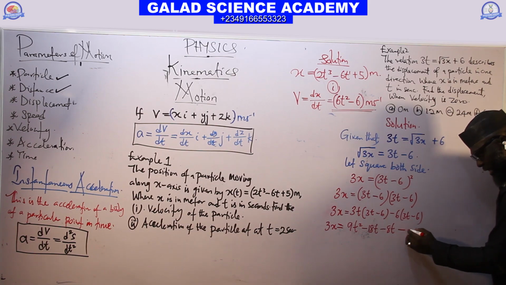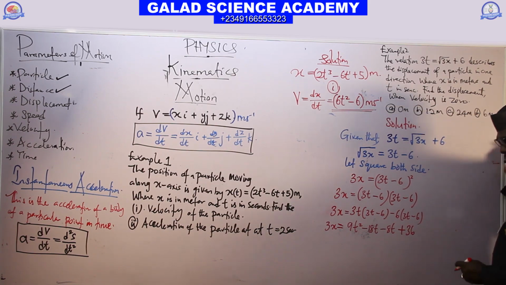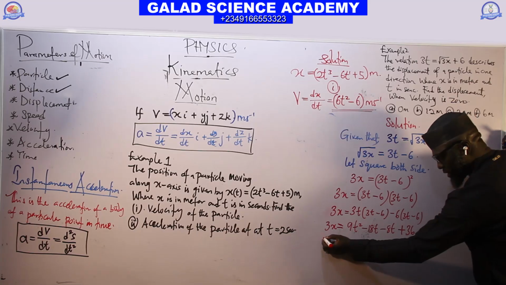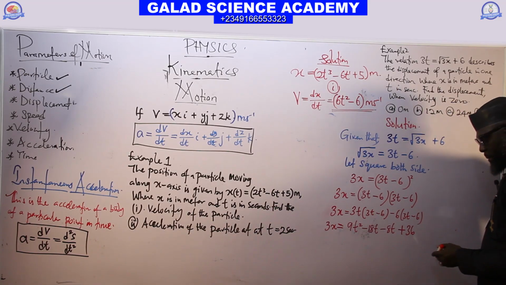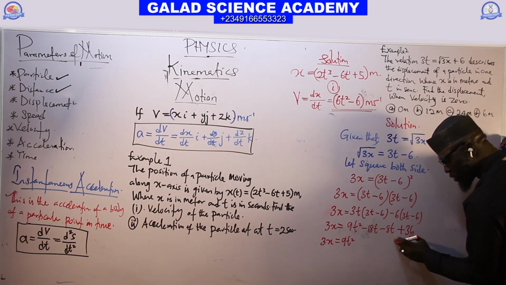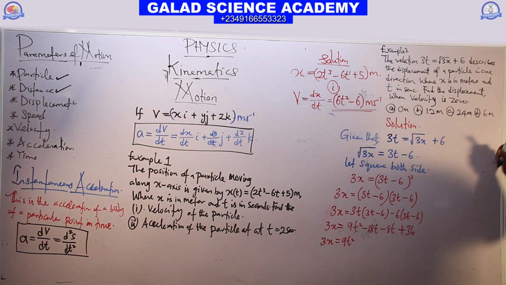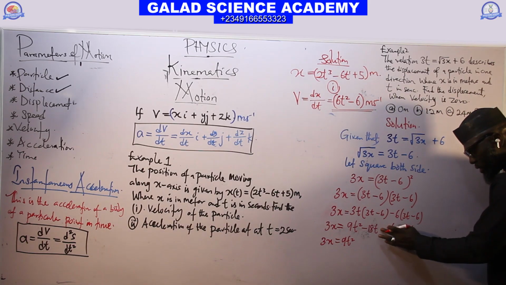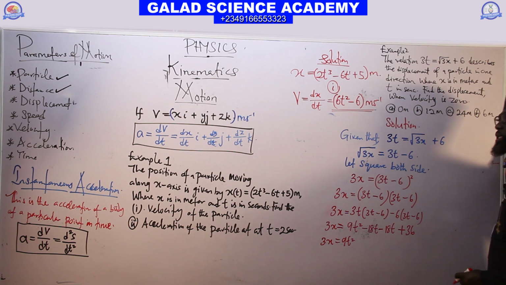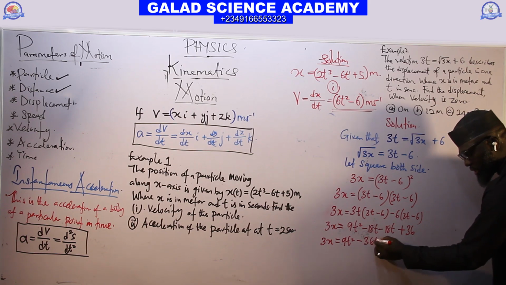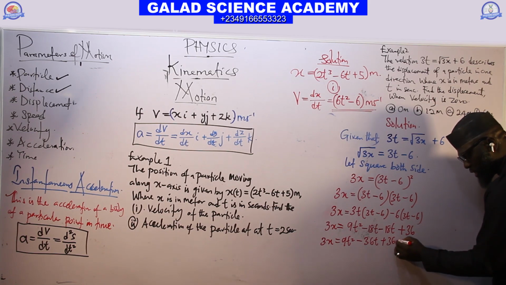Here we have minus 6 times minus 6, which is plus 36. By expanding this, we have 3x equal to 9t squared, add this together, minus 18t minus 18t is minus 36t, plus 36.